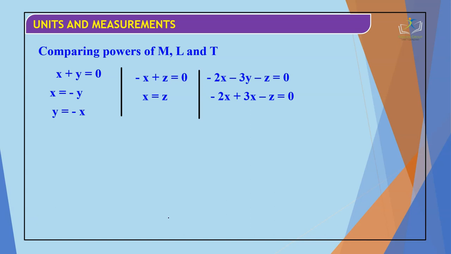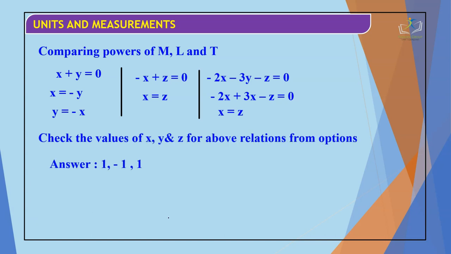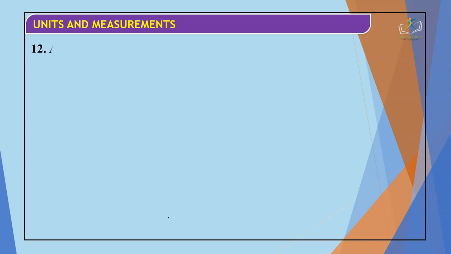From here we get x equals z and x equals minus y also. So we put this value in the equation and get the values of x, y, z. After solving, we get 1, minus 1 and 1, which is option 2.